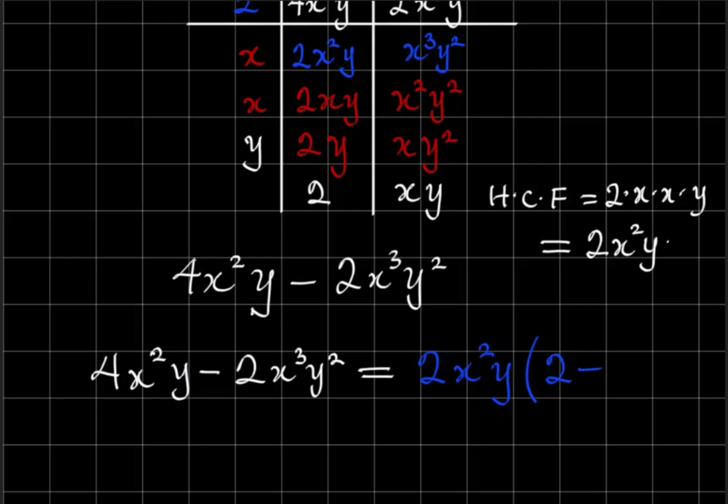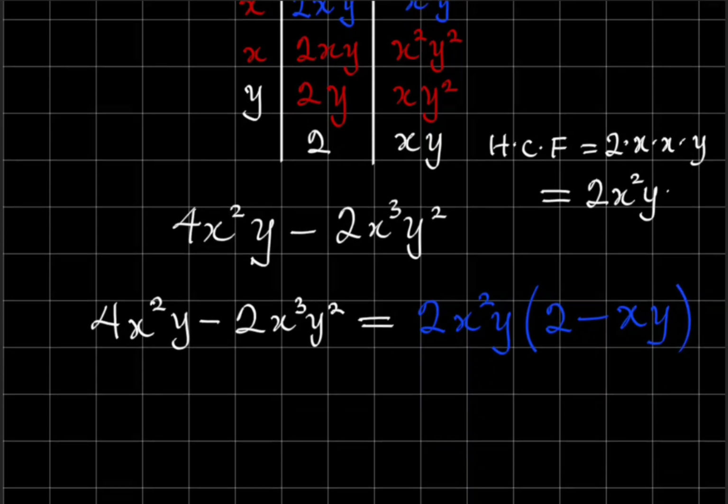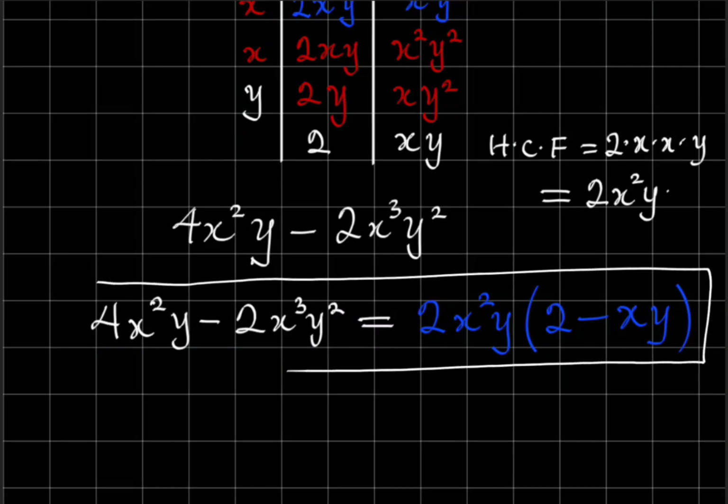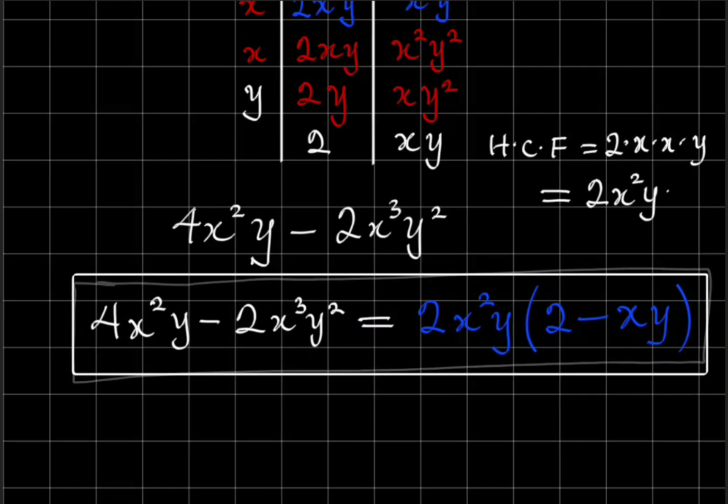It's also minus. And also the leftover here, xy. So we close the bracket. Finally, the factorization of 4x squared y minus 2x cubed y squared is going to be equal to 2x squared y bracket 2 minus xy. And this is the correct and final answer. Thank you.